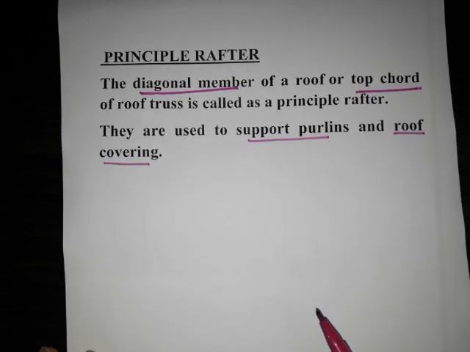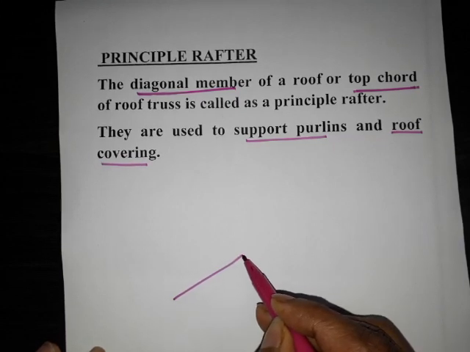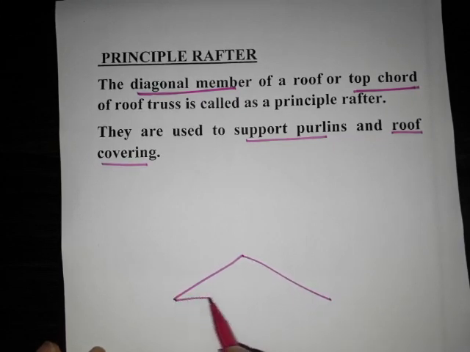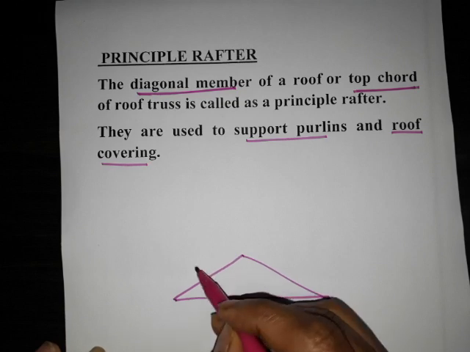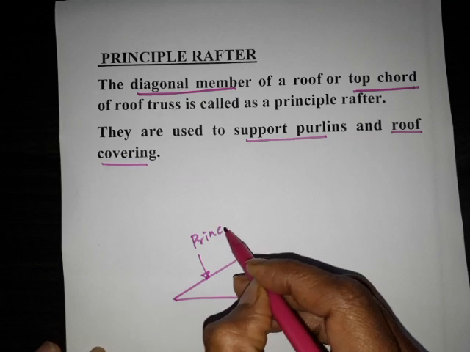So if you want to elaborate, when you have the truss here, this is called the principal rafter.